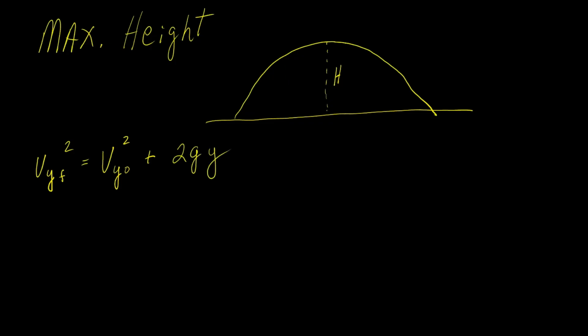Now we know that the final velocity is equal to 0 when it's at the apex. So we're going to set this equal to 0. All right, so this is going to equal v times the sine of theta, I'm going to square that, plus 2gy.